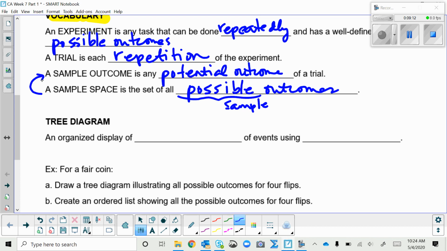Like, did I get heads, heads, heads, heads, heads 5 times? Did it go heads, tails, heads, heads, and then tails? This is a picture representing all the possible outcomes you could have had. It's your picture of your sample space. So it's an organized display of combinations of events using branches.